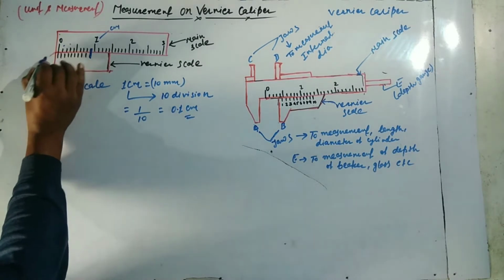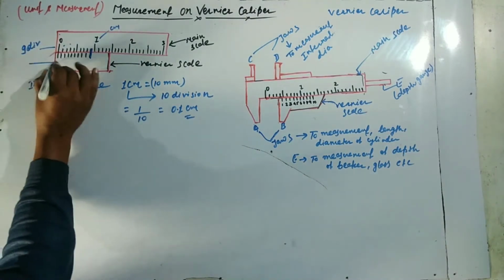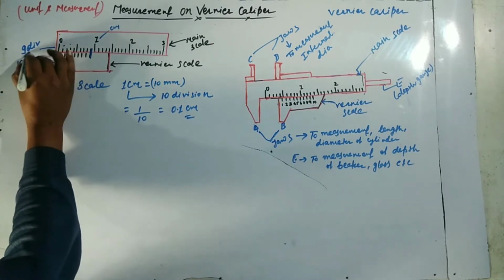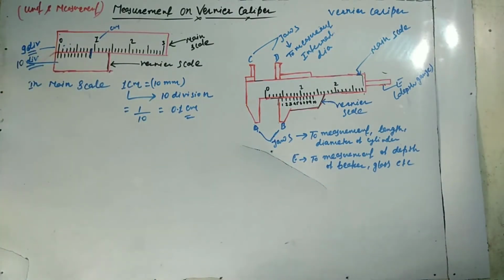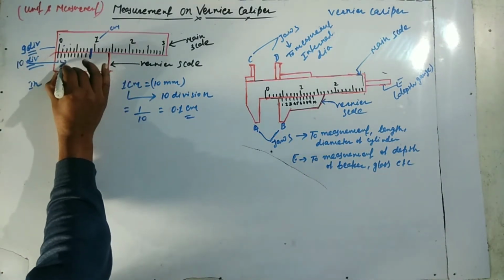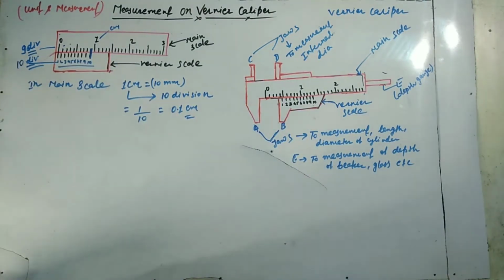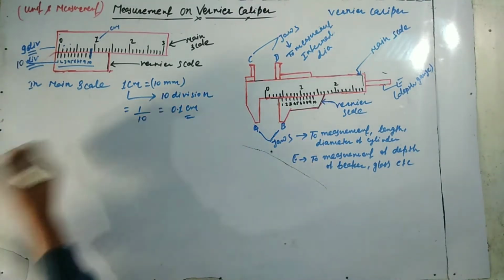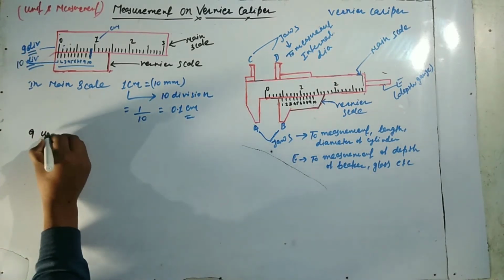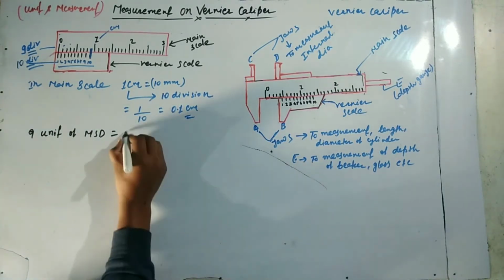This is 10 divisions for the main scale, and the 9 divisions of the main scale are equal to 10 divisions of the Vernier scale. In 95% of cases, 9 divisions of the main scale equal 10 divisions of the Vernier scale, that is 10 divisions, or 10 smallest markings.